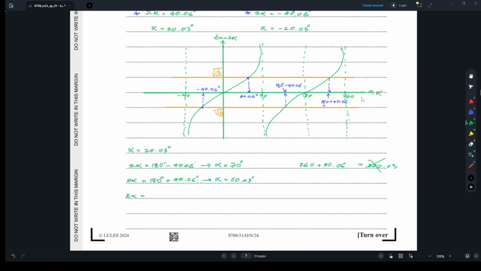And then let's consider from the downside. Downside we had 180 minus 40. When you go to the next one, you add another 180, so then 360 minus 40.06, and divide by 2.